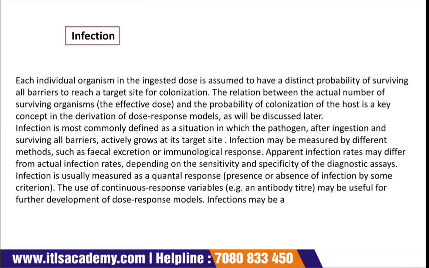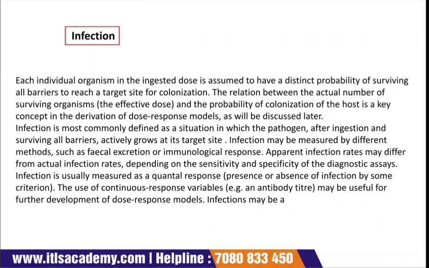Now comes the infection. Infection means that every individual organism in the ingested dose is assumed to have a distinct probability of surviving all the barriers to reach a target site of colonization of the microorganism.